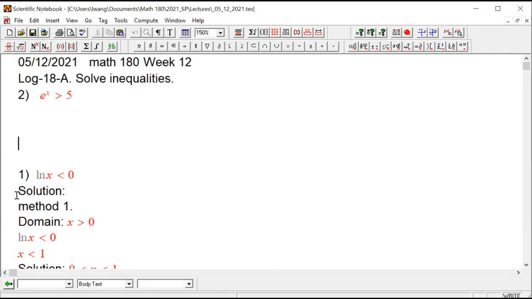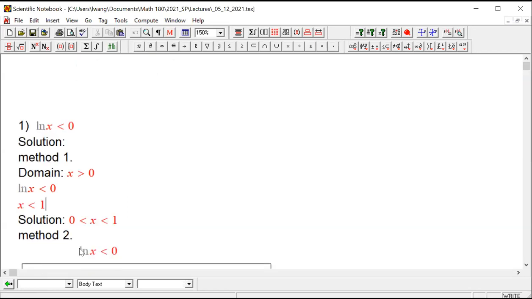Here, I highly recommend we add something. On the first question, ln x is an increasing function.